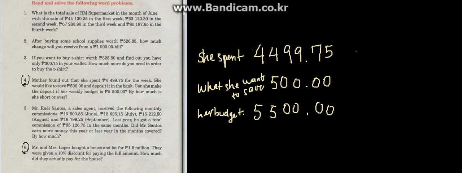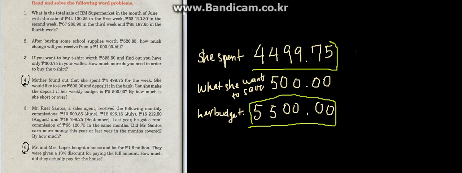Okay, so she just spent 4,499.75 and her weekly budget is 5,500. And now we want to find out whether she will be able to save this much if she already spent 4,499.75.